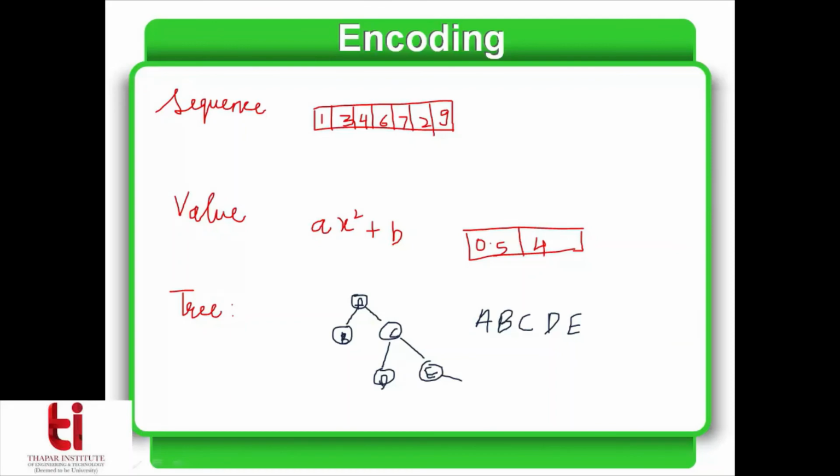Say I have this tree encoding ABCDE. Okay, so I have a chromosome. Different chromosomes can be formed by different combinations of this. Another chromosome can be of the form BCDE, another can be of the form CBAED. So different combinations, but my restriction is that every element occurs only once.